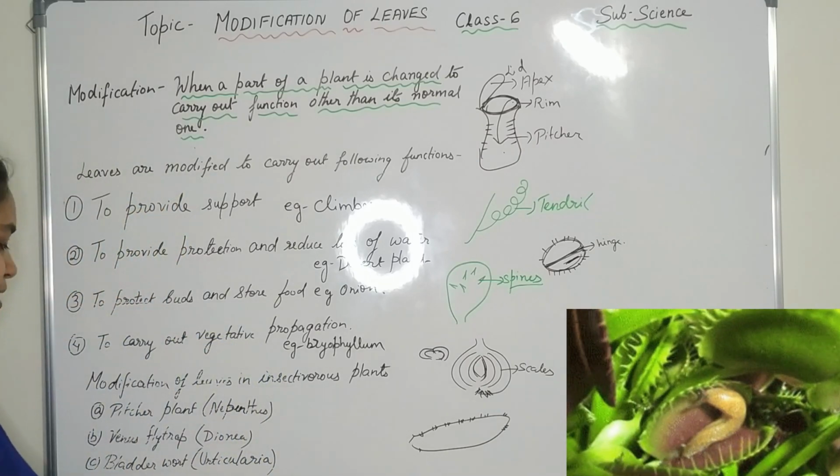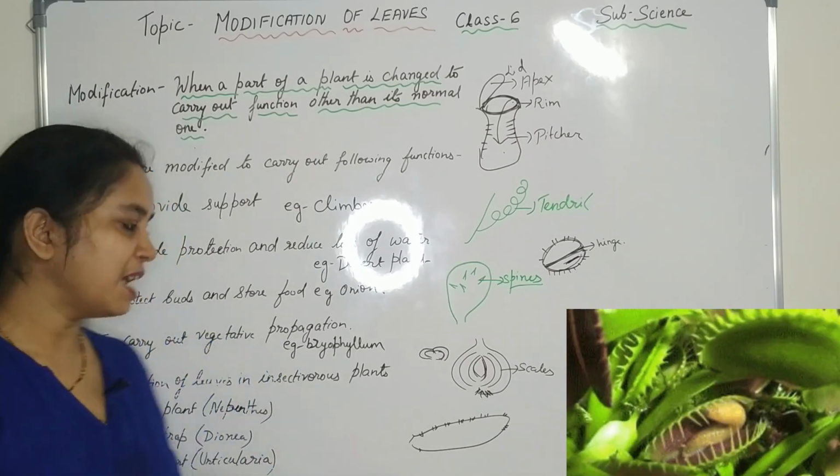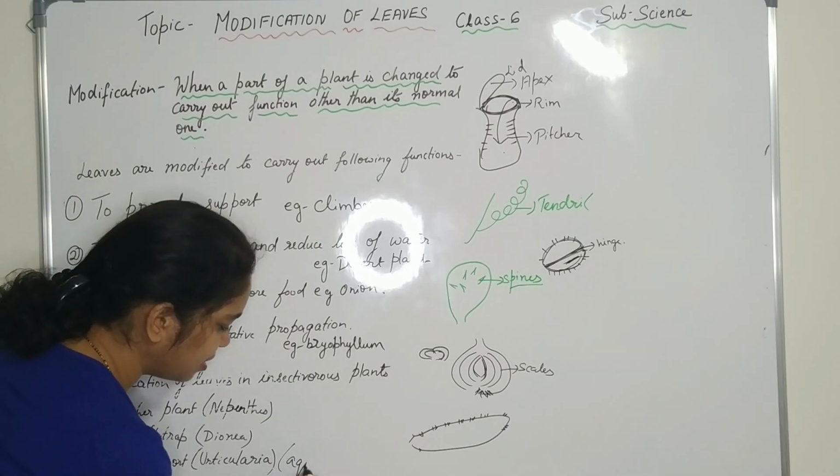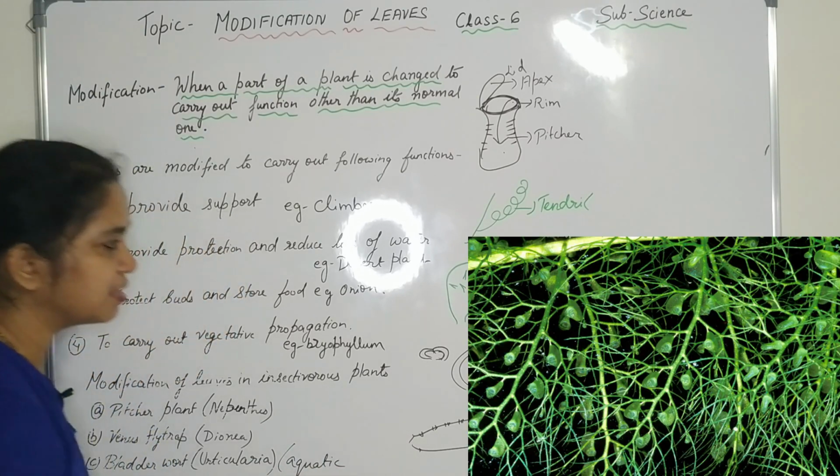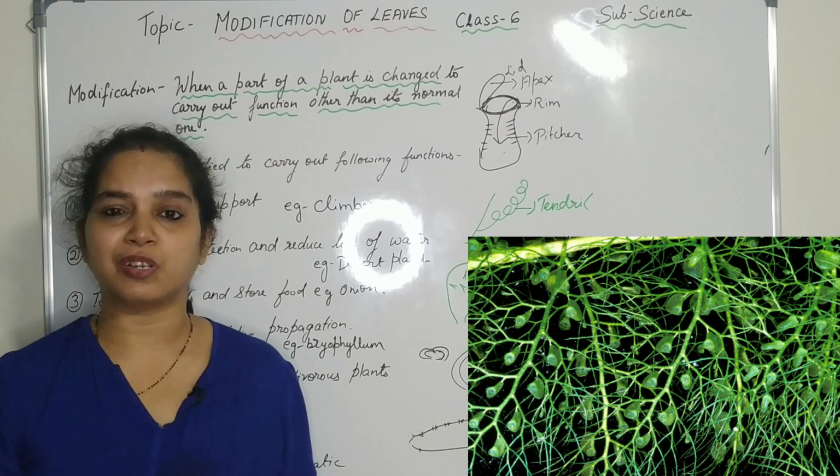Next is the bladderwort. Bladderwort is an aquatic plant, a carnivorous water plant.